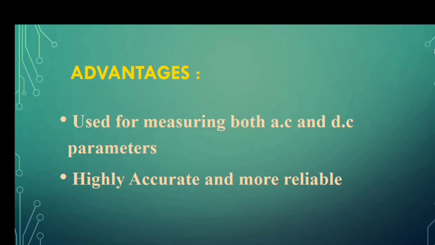Now we shall discuss the advantages and drawbacks of this electrodynamometer type instrument. Let's first discuss the advantages of using this instrument. Electrodynamometer type instruments can be made use of for measuring both AC as well as DC values of currents and voltages, and it's a highly accurate and more reliable instrument.